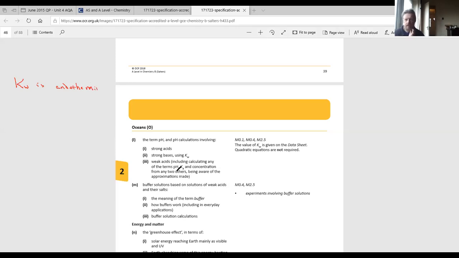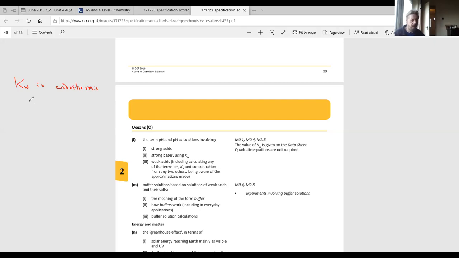What does that mean? So it's giving off energy. Is it? Endo. Oh, sorry. Is it not? Is it taking? It's taking in energy. Yeah. Okay, so what will happen to Kw if we heat it up?